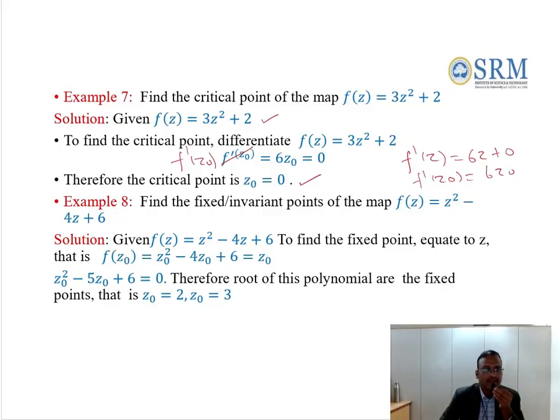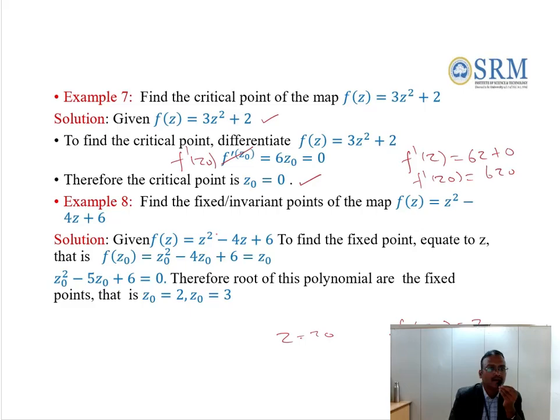Next example, find the fixed points or invariant points of the map f of z equal to z square minus 4z plus 6. What is the definition of fixed point? If z equal to z naught is a fixed point, then f of z naught is equal to z naught, right? Therefore, let us call the fixed point z naught.